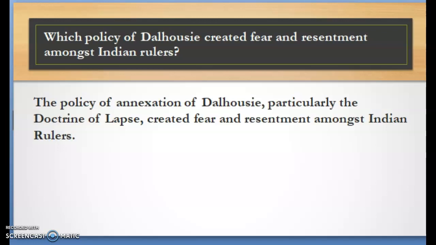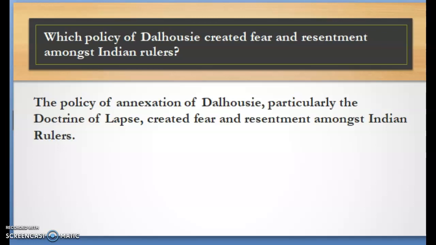In this policy, what happened was that when a king did not have a natural heir and had adopted a child to be the next king of his kingdom after his rule, in that condition the adopted child was not allowed to be the next king after the present ruler.